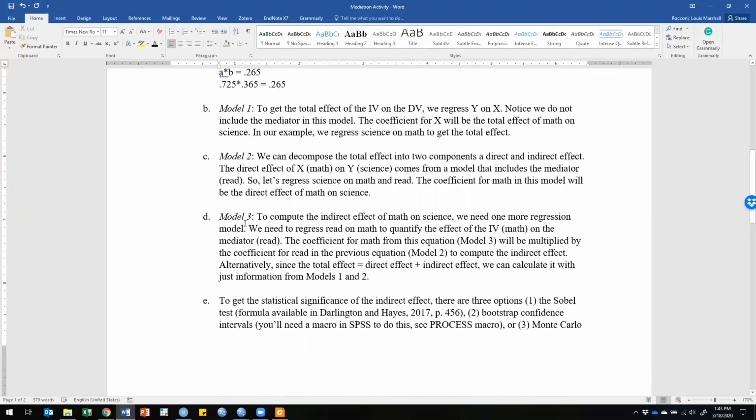One issue with calculating our indirect effect either of these ways is we don't get the statistical significance of our indirect effect. In Darlington and Hayes' book, they talk about 3 different ways that you can assess the statistical significance of an indirect effect.